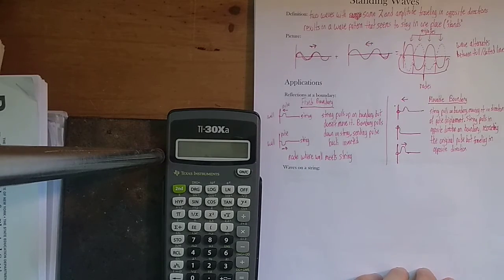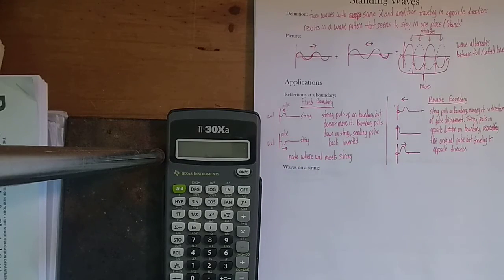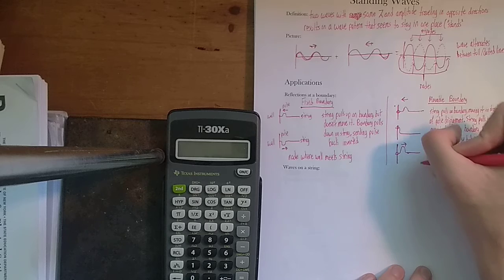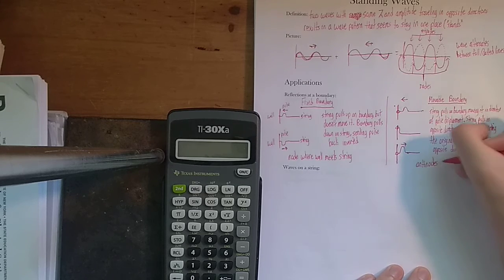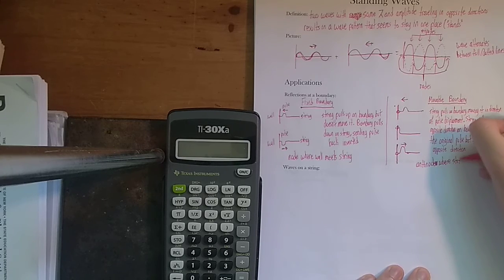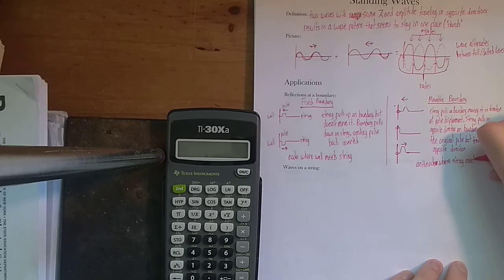We called those antinodes. So fixed boundaries act as nodes. Movable boundaries act as antinodes. So we have an antinode where the string meets that movable ring.